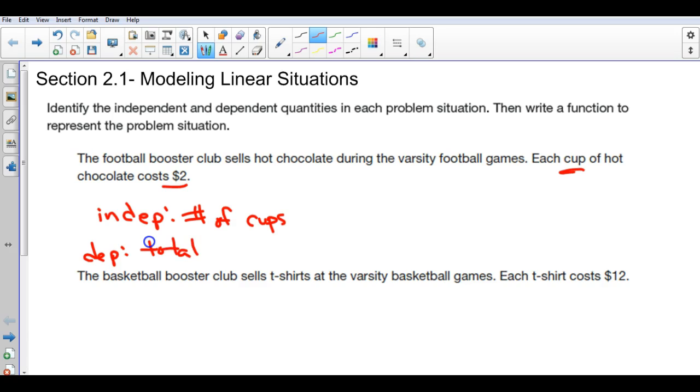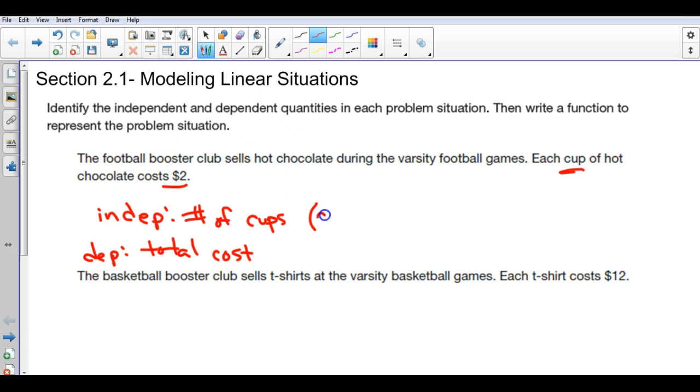If they sell 10 cups, well, it's 10 times 2, so that'd be $20. If they sell 50 cups, it'd be 50 times 2, so it'd be $100. So whatever our input value is, we're going to be multiplying that number by $2 for every cup, and then it'll give me my total cost. To write a function for this, first let me define variables.